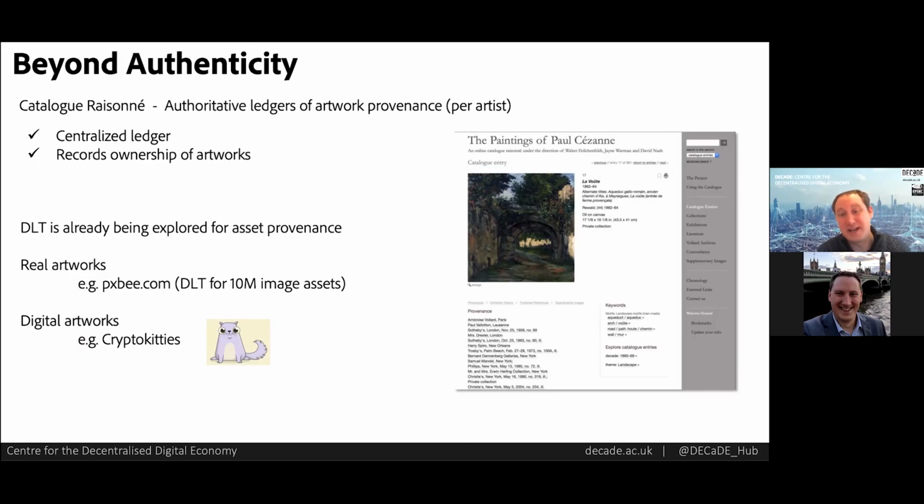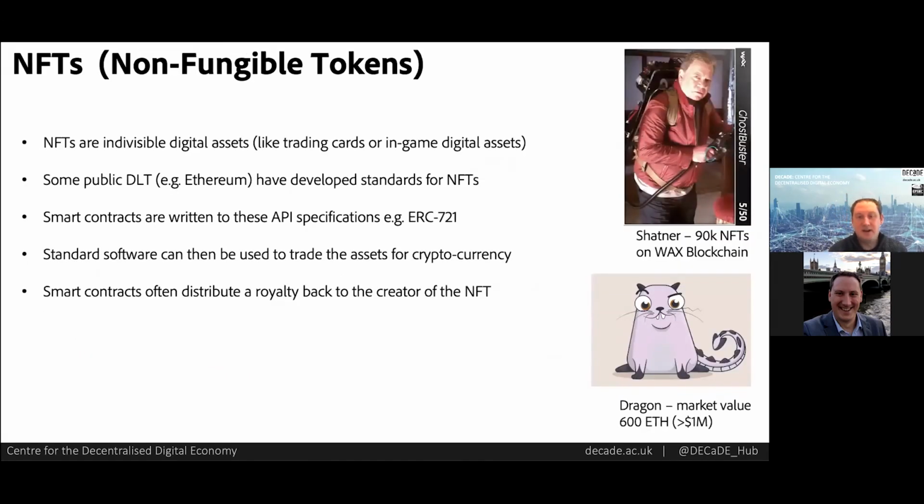And we call these digital assets non-fungible tokens, or NFTs. So a non-fungible token is like an indivisible digital asset, like a trading card, or an in-game digital asset, like the sword that killed famous monster X, I don't know, or a piece of digital artwork.